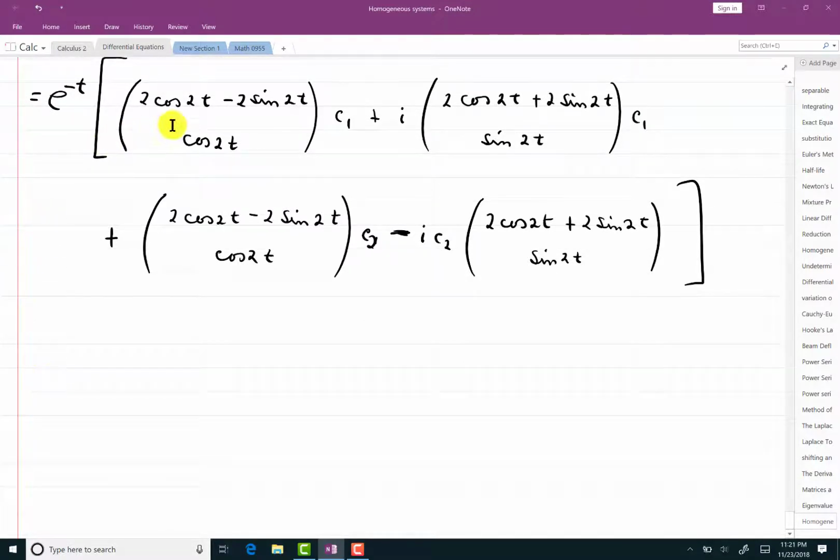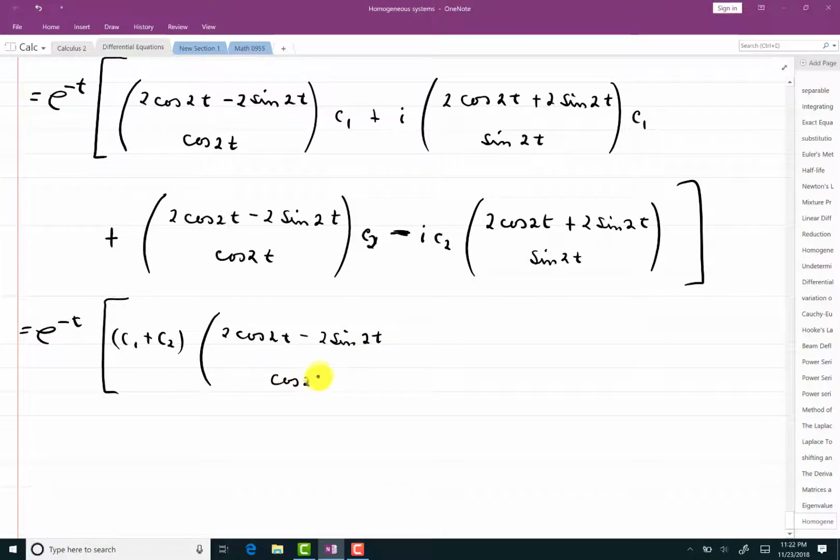I'm going to notice that these are 2 of the same thing, so I'm going to add them together. And I'll have the C1 plus the C2 times 2 cosine of 2t minus 2 sine of 2t all over cosine of 2t.